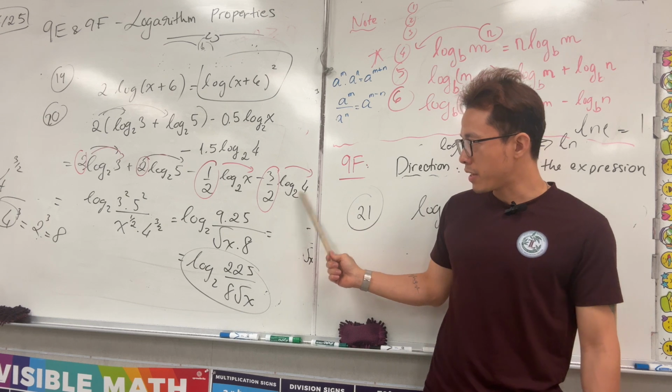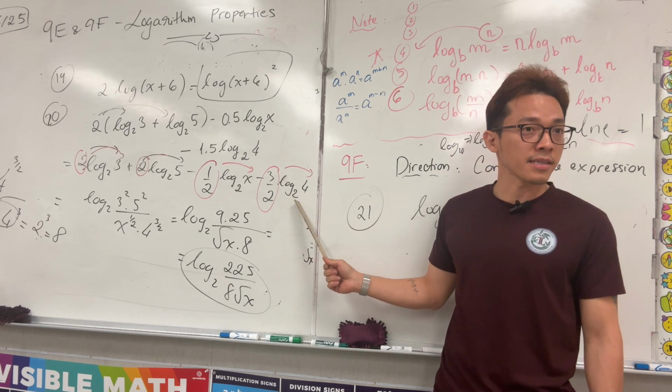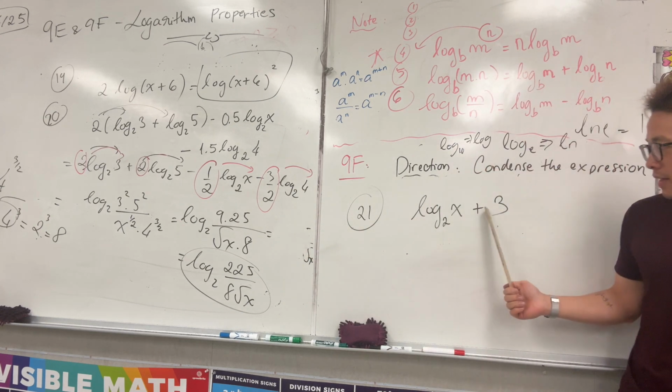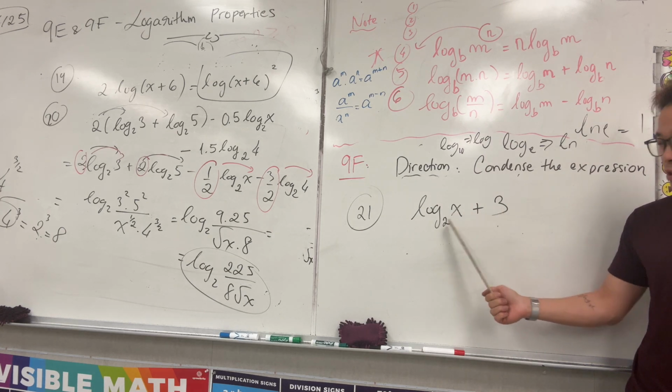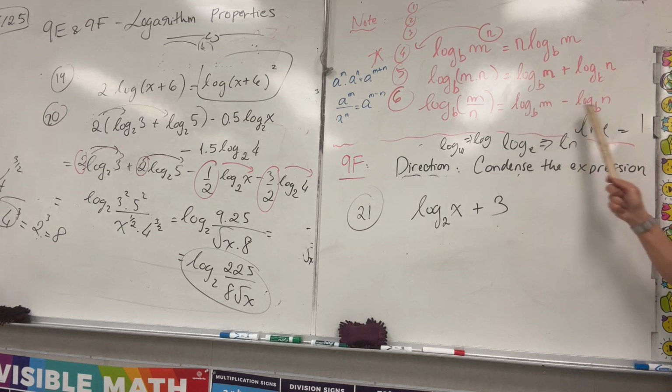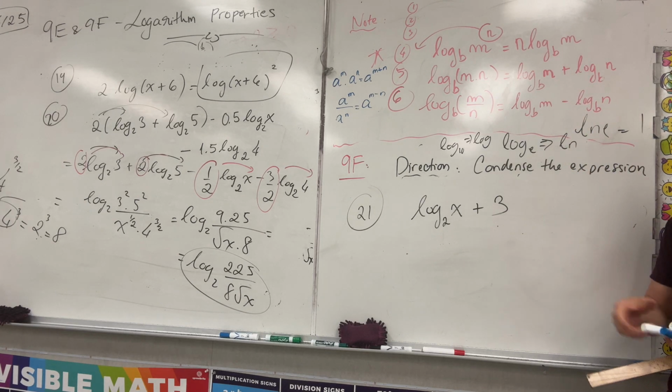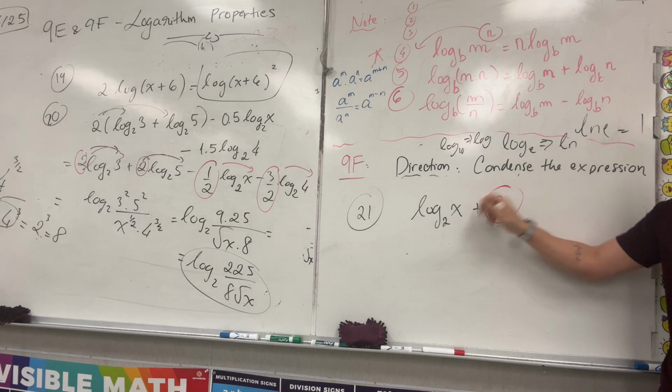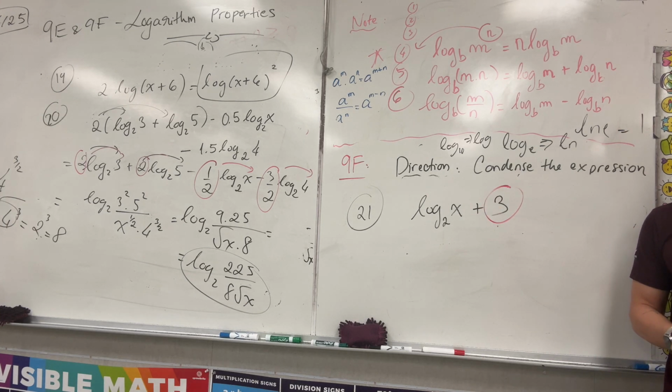Like, do you remember we didn't change this one because we want to keep them at the same base? Remember? Now, can you add them to be 3x? No, they need to have the same base. The question is, how do you change the 3 into something base 2? Does it make sense?